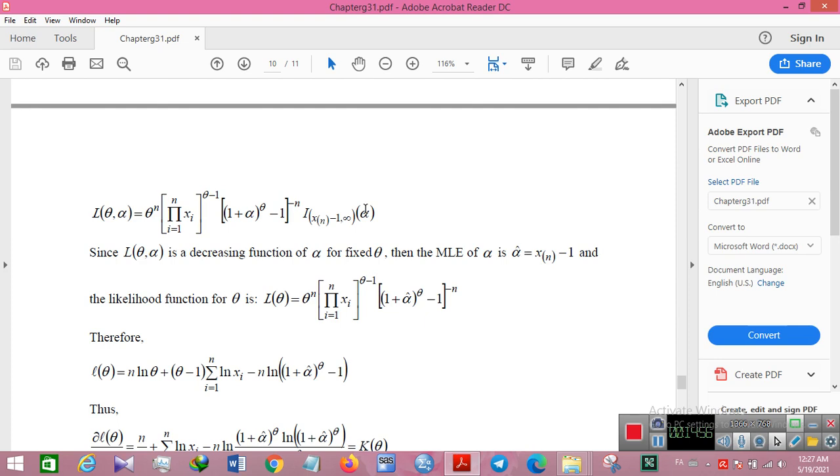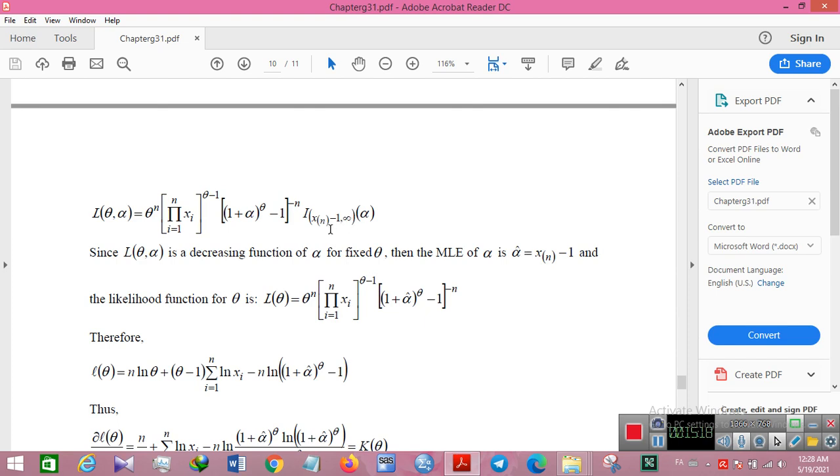This is the indicator function, which takes values 0 and 1. The maximum is when this indicator function takes value 1. So the alpha hat should be in this interval.